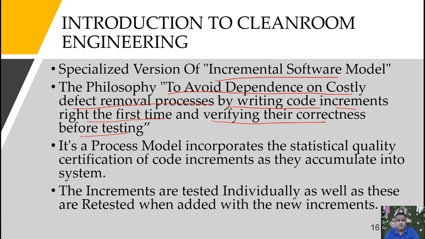The process model incorporates statistical quality certification of code increments as they accumulate into the system. The increments are tested individually, and retested when added with the new increments.